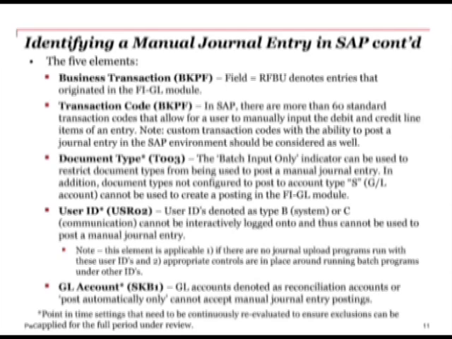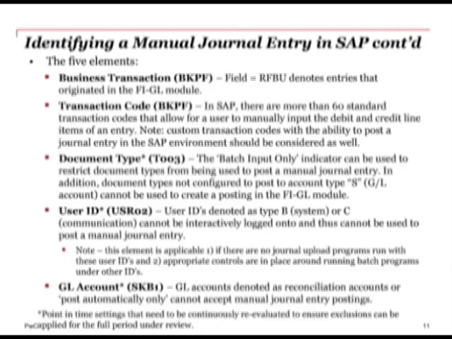And what that means is that when this field is populated with the indicator of RFBU, which is just a technical name in SAP, we know that that entry originated in FI. So for a manual journal entry, we know that they have to originate in FI. They can't originate in SD or MM or other modules of SAP. If a user wants to post a manual journal entry, it's going to be in FI.